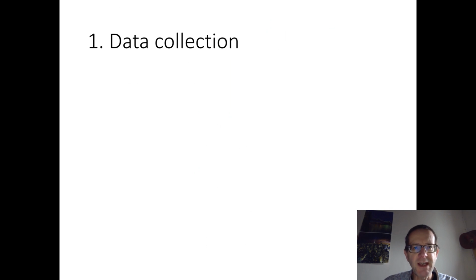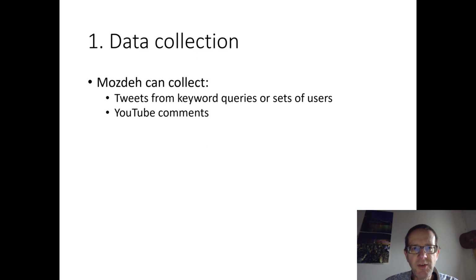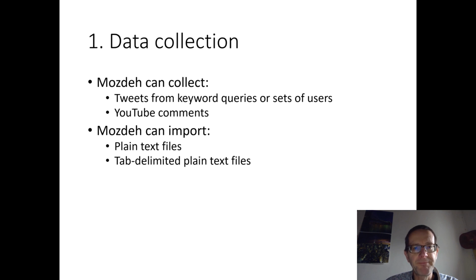So let's have a look at the stages in detail. So first of all, data collection. Mozdeh, if you're using it, can collect the tweets from keyword queries or phrase searches or sets of users, including through the academic research Twitter that began in January 2021. And it can also collect comments on YouTube videos.